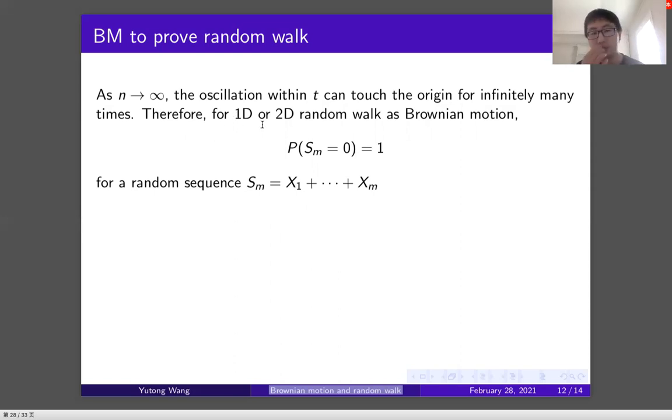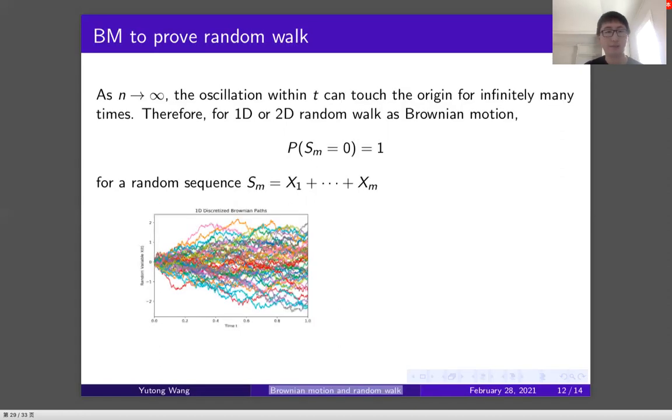Therefore, for one-dimensional and two-dimensional random walk as Brownian motion, we can assume that p, which is the probability of the random sequence touching the original point, is equal to 1, as you see here.